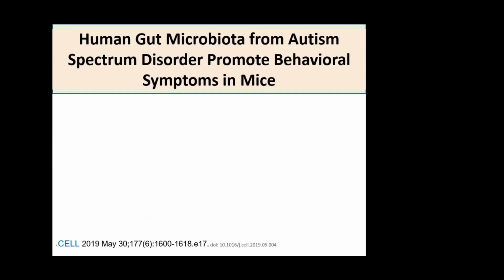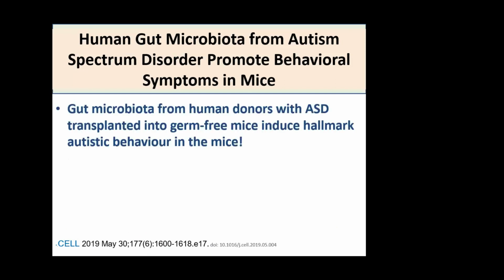This is very, very interesting. A study took gut microbiota from human donors with ASD and transplanted it into germ-free mice, meaning they were kept germ-free to be sure that whatever is introduced are the only microbes introduced.